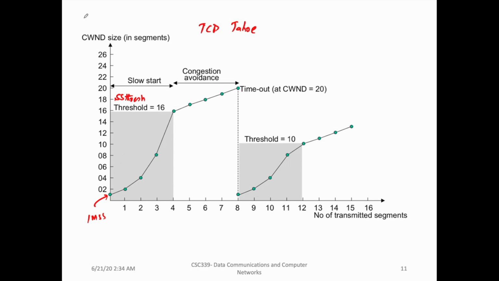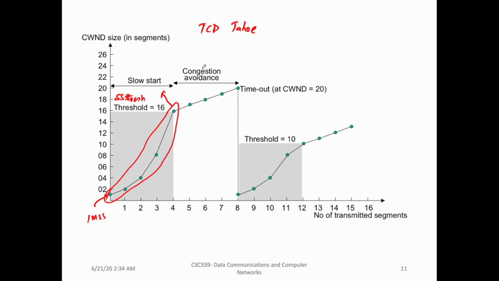Remember, we said TCP has slow start, additive increase, and multiplicative decrease. So this phase represents the slow start. After reaching the threshold, now we will be increasing the congestion window size linearly, I mean additively, and this means we are in the congestion avoidance phase.